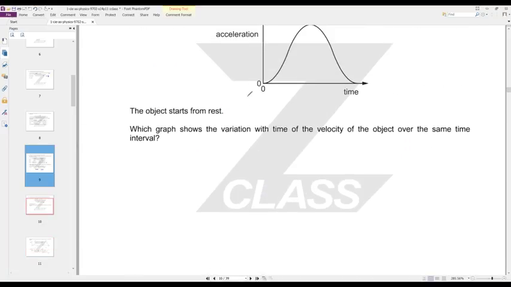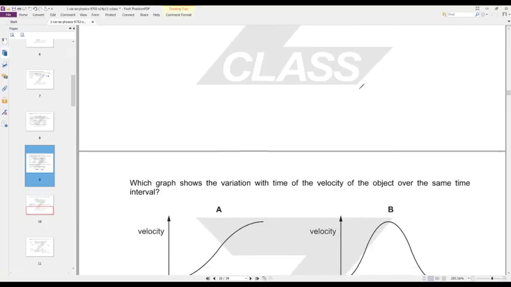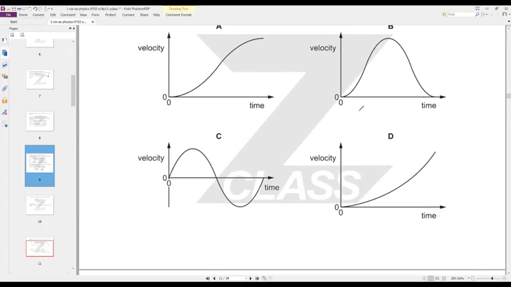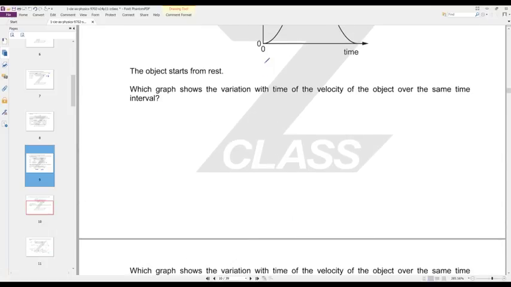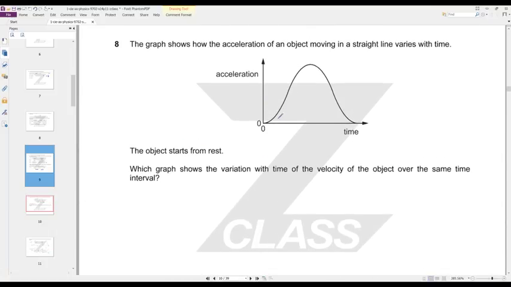So, acceleration, low here, high in the middle, low at the end. So we are looking for a velocity that is increasing slowly at the start, quickly in the middle, and then slowly at the end. Because all of this acceleration, remember, is increasing the velocity. It's all positive acceleration. That's the key point here.